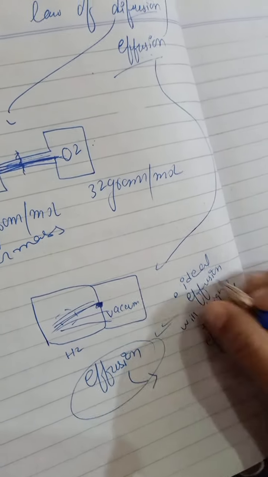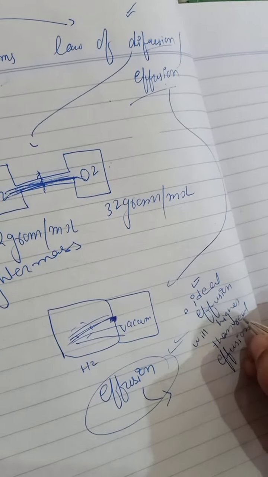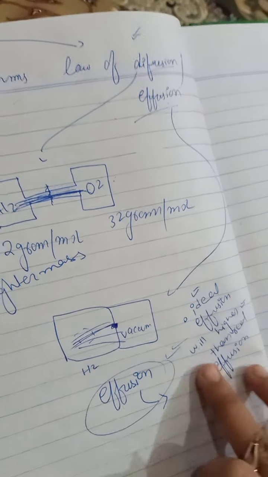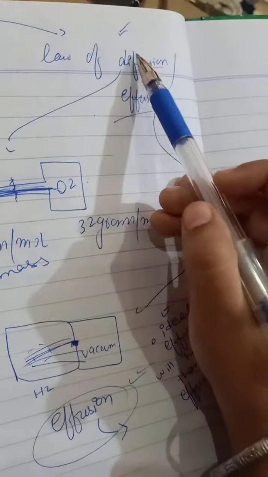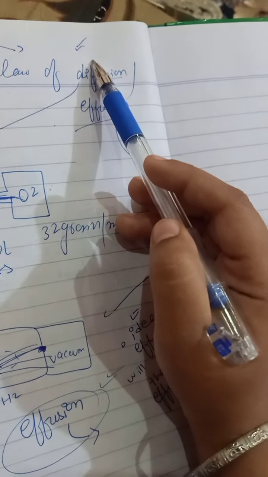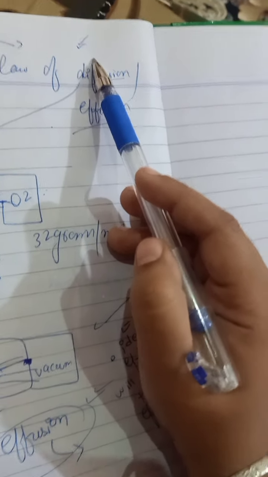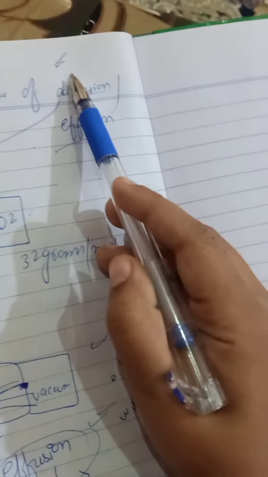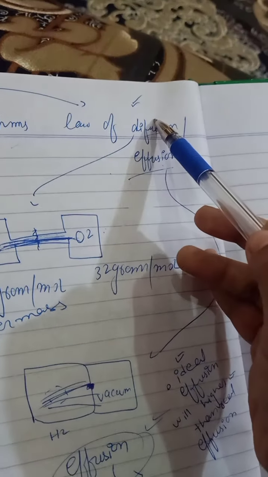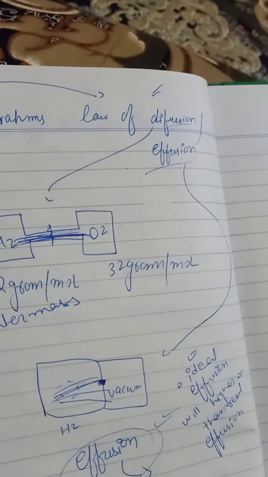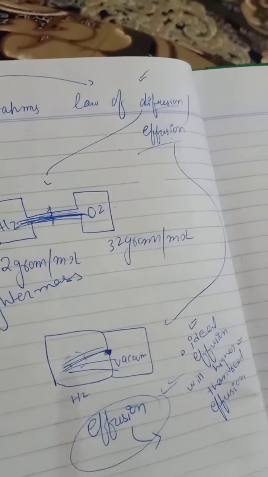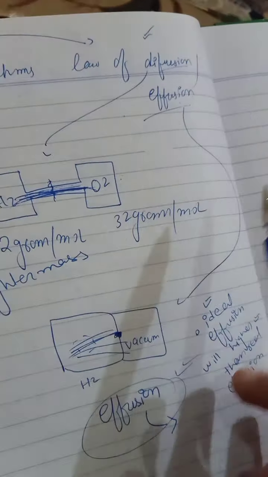Ideal gas will have more effusion and real gas will have lower effusion, and in diffusion the ideal gas will be more interacted and real gas will be less interacted, because as you all know, in ideal gas the kinetic energy is more. So this is about diffusion and effusion.